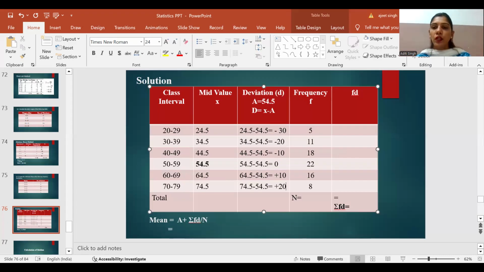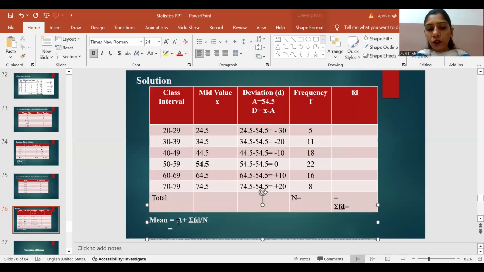Okay, so now in this question, we have calculated the value of mid value, which is x. We have calculated the value of deviation, which is D, by taking assumed mean as 54.5. Frequency is already given in this question, f. So what we have to calculate now is the value of f and d. As in the given formula of mean, it says A plus sigma fd by n.